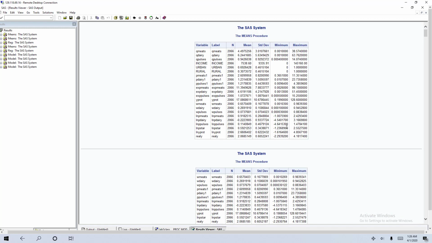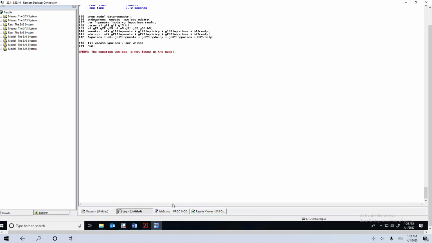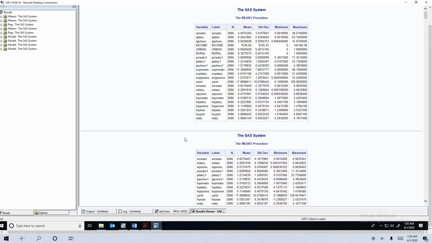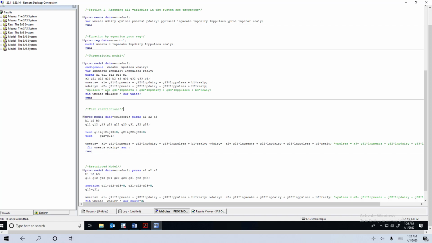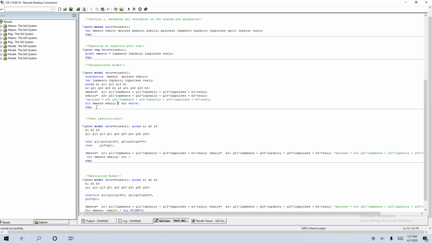So let's do that. Oh, and again, I got a problem. What happened? I made an error. Well, okay, so here I'm supposed to be estimating only the area. And what I did is, I said drop one of the equations.